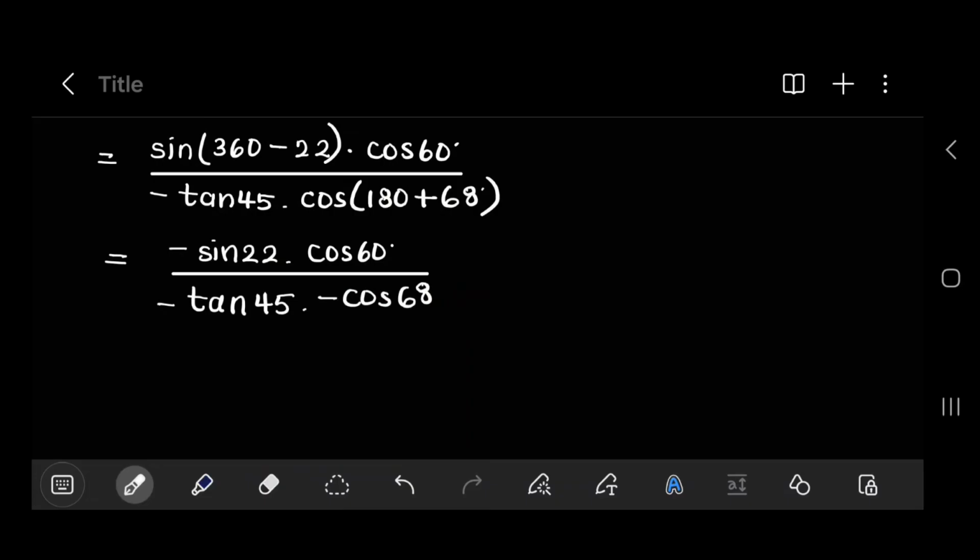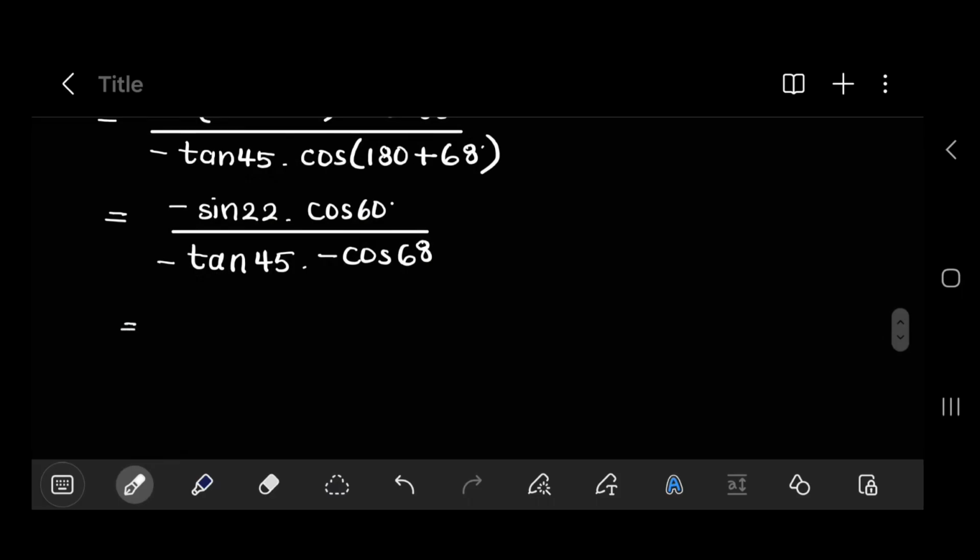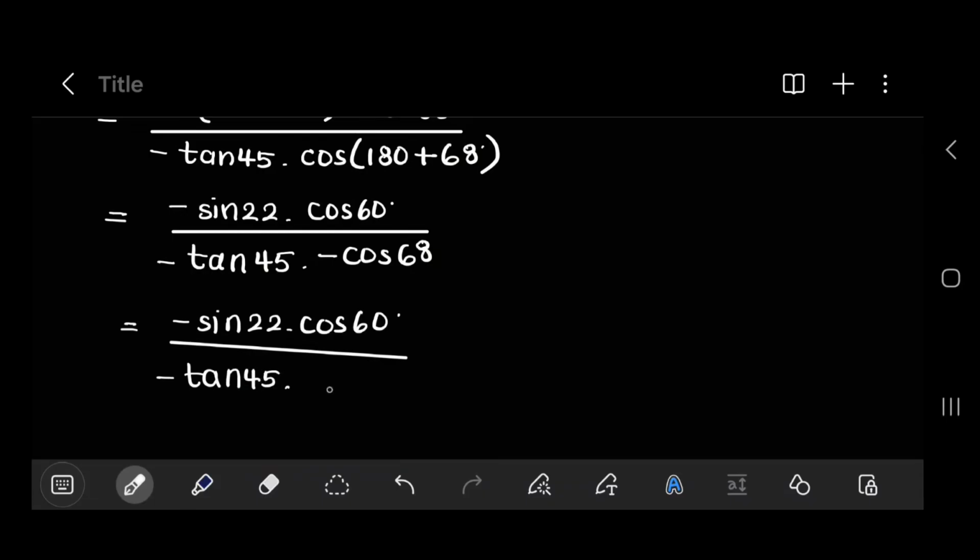But here's the thing, right? When you do these questions and you have angles that are not special angles, like the 22 and the 68, they are related to each other. We need to try as much as we can to get them to be the same. So what I am going to do is, I'll keep the numerator as is. But in my denominator, I am going to further reduce cos 68.